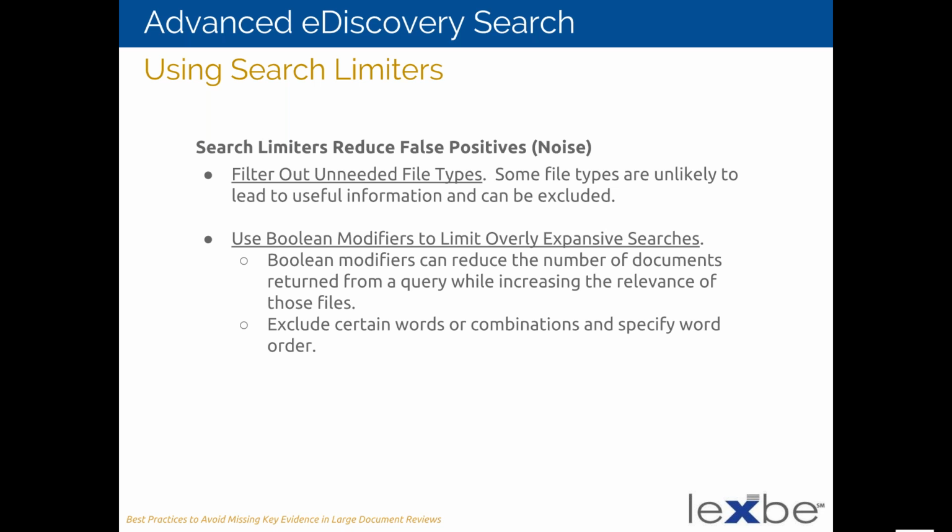So using your Boolean modifiers is going to be very powerful in getting your documents in order very quickly without just relying on the keywords. You have to test it using some other methodology.